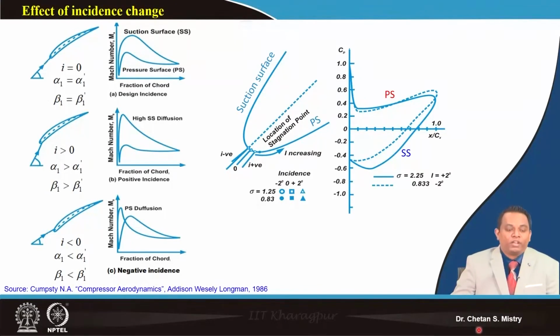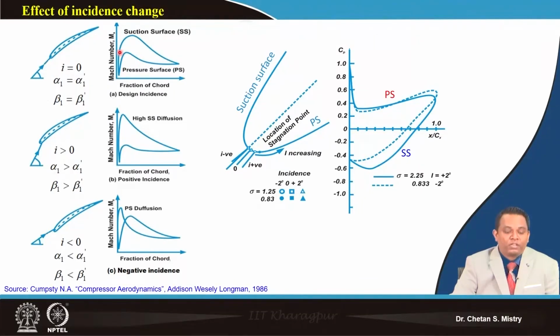So let's move on from what we started discussing in the last lecture. Here these three conditions we have discussed: incidence angle equal to 0, increase of incidence angle or what we call positive incidence angle, and negative incidence angle.